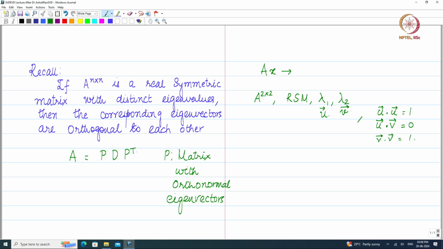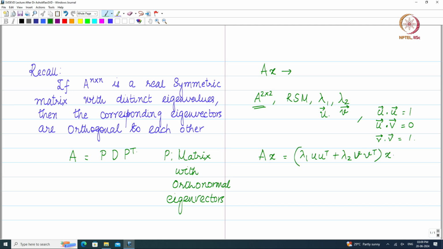We interpreted the action of A on x, A being a real symmetric matrix, as lambda 1 u u transpose plus lambda 2 v v transpose times x.